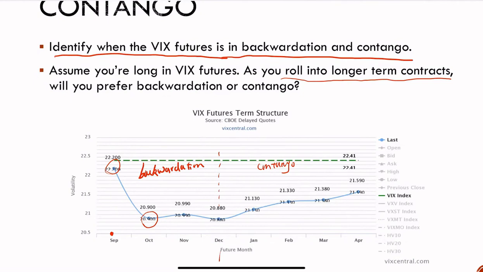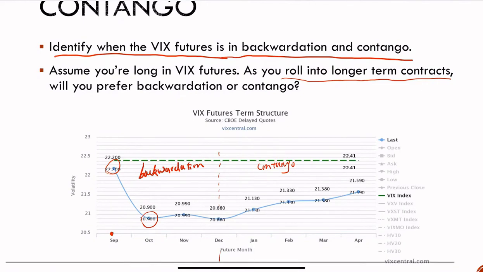Now you will be able to answer this question here. You can see that if you have to sell September futures and buy October futures, you will be happy if you're in backwardation because it means that you can sell high and buy low, right?